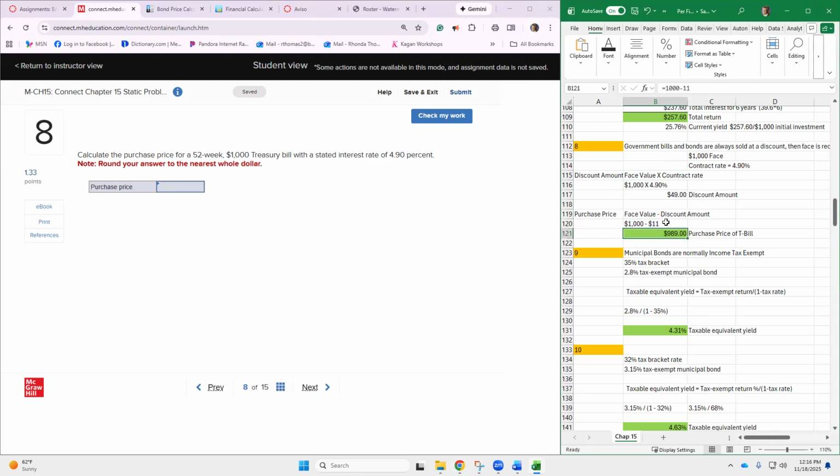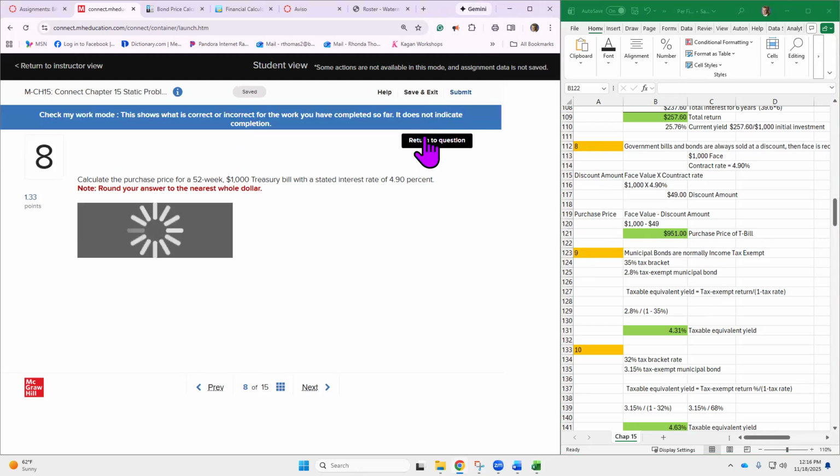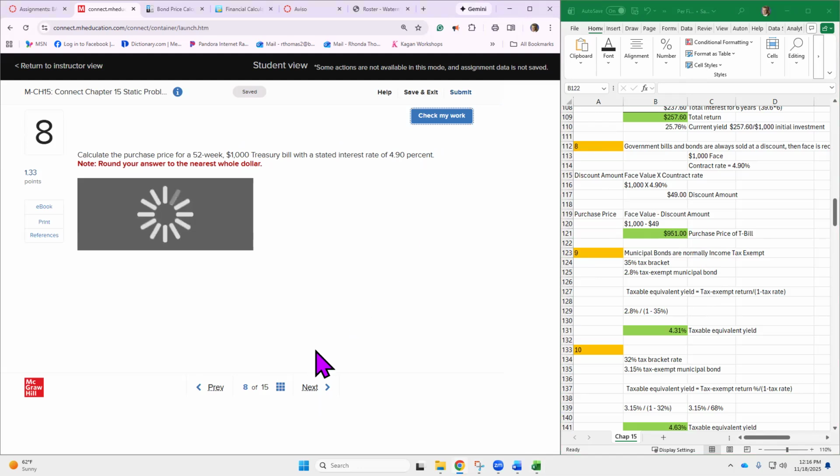If we take $1,000 and subtract $49, then the price of the T-bill will be $951. Okay, $951 is how much the T-bill will cost. And then 52 weeks later, that person can go cash it in because it's mature for $1,000. So in 52 weeks, we made $49. Yep. You say that's not very much. Well, if you have a lot of those, it could be.